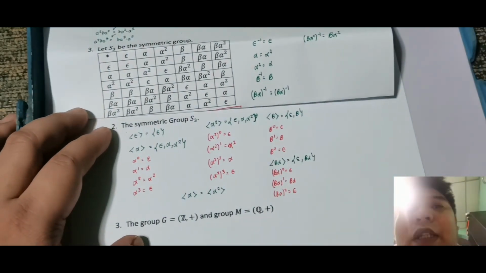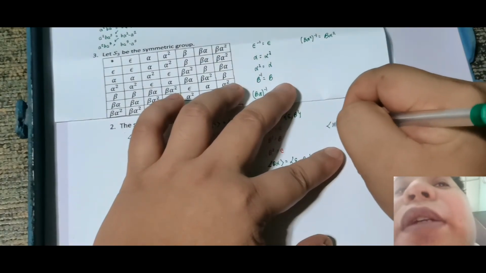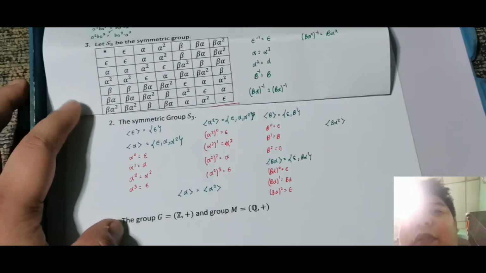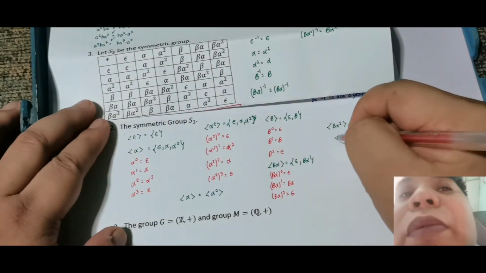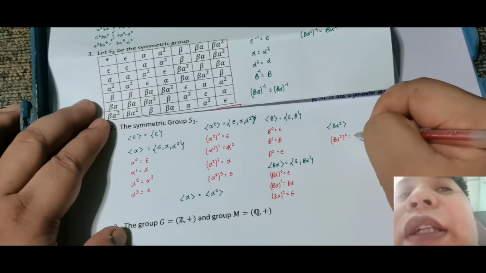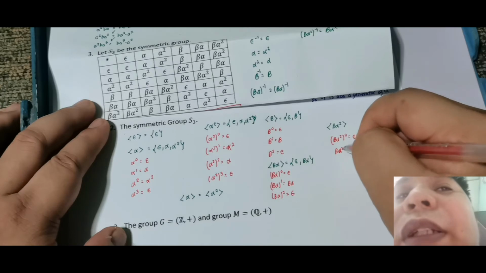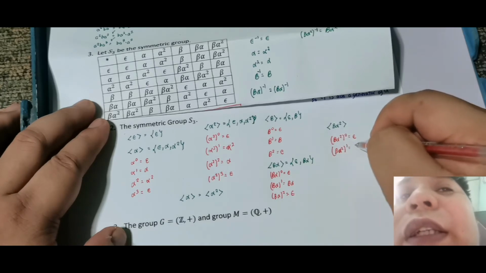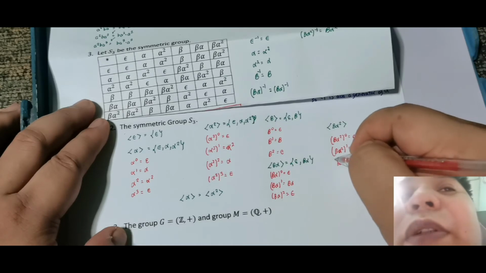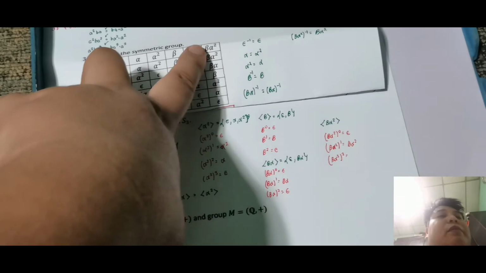Okay, next is yung ating last set. So a cyclic subgroup generated by beta alpha squared. Okay, so check natin. Beta alpha squared raised to 0 is epsilon, beta alpha squared raised to 1 is beta alpha squared, beta alpha squared raised to 2 is beta alpha squared times beta alpha squared, which is epsilon.